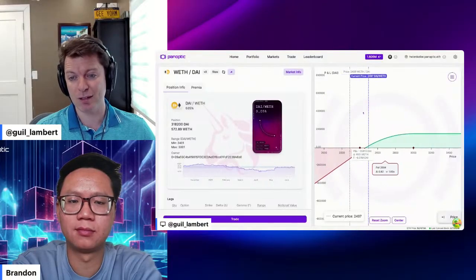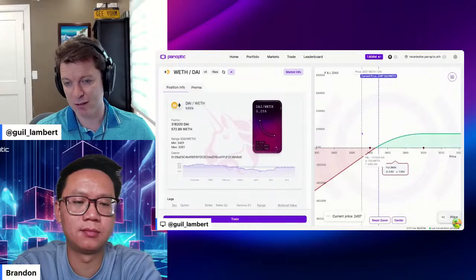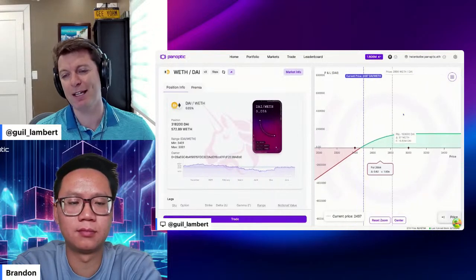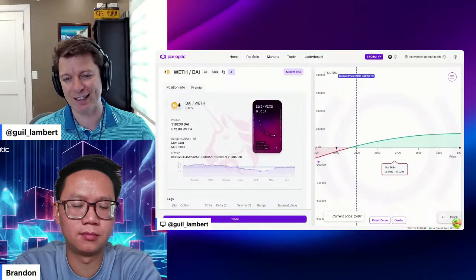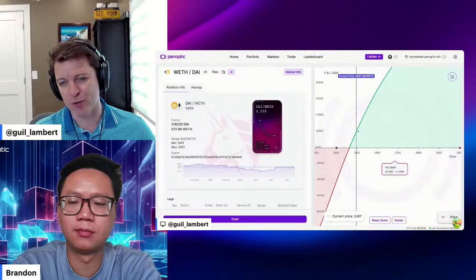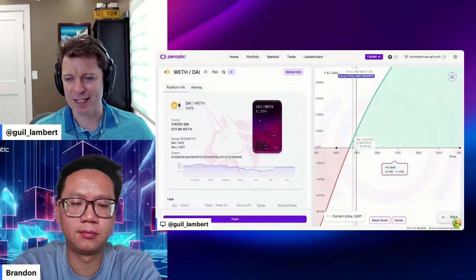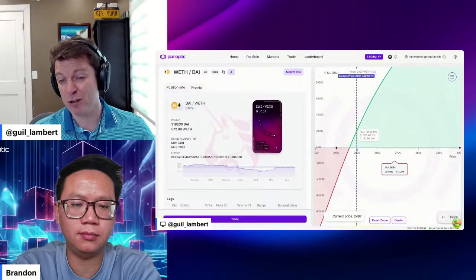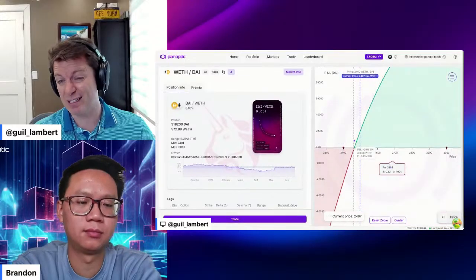So here, when you see this chart, first thing first, when you talk about delta, it is actually the slope of that curve at the current price. In this case, the current price is 2,500. The range is between 2,400 and 3,000.